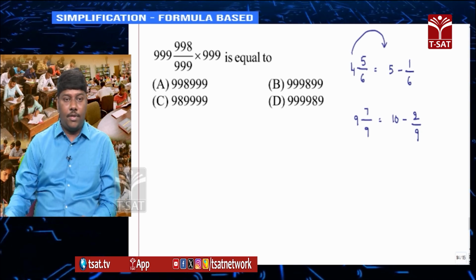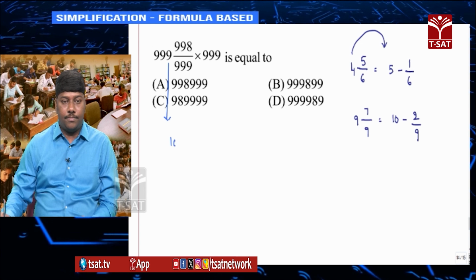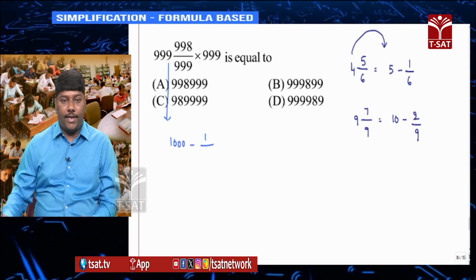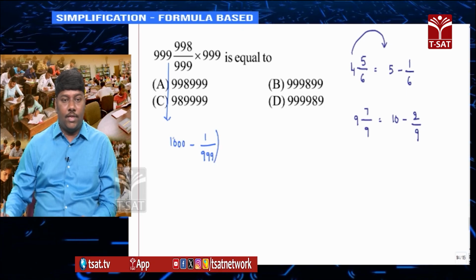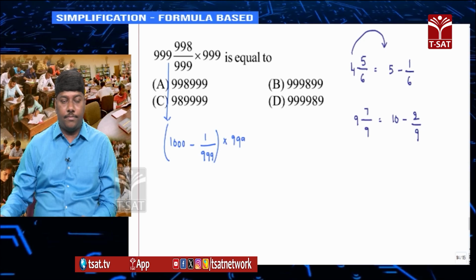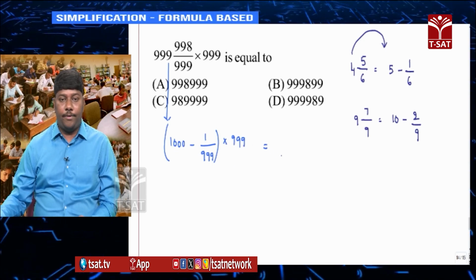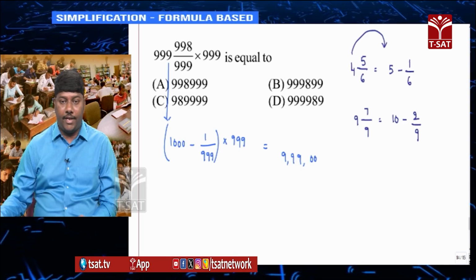Now look at this. After 999 what comes? We know 1000. How much do you need to subtract? Just 1 by 999. So we can come to the last step directly, into 999. So 1000 into 999, you can write it as 9,99,000 minus 1.